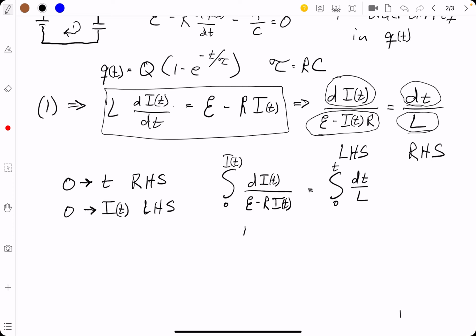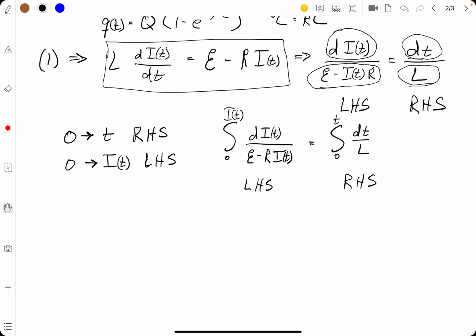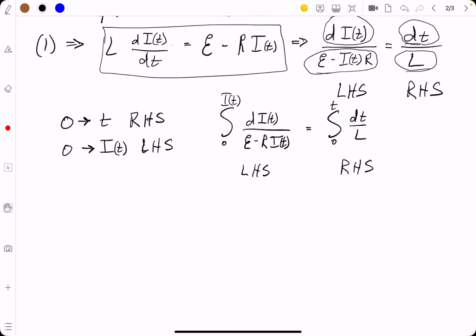Good. So again, left-hand side, right-hand side. Let's do the easy one. And you're all like, the easy one? Well, I guess that would be the right-hand side, and I agree with you.